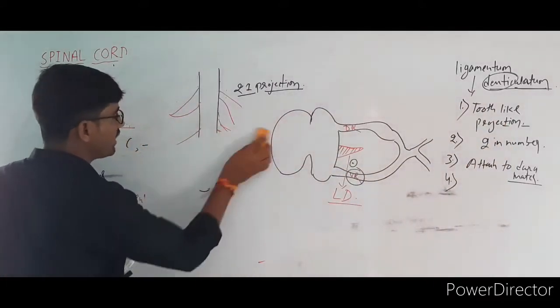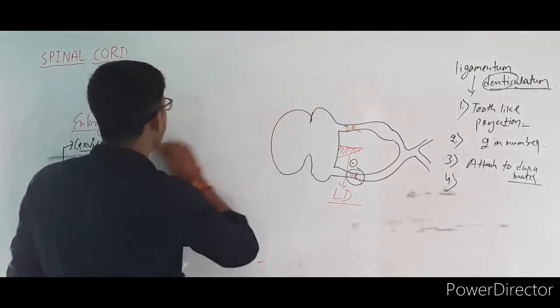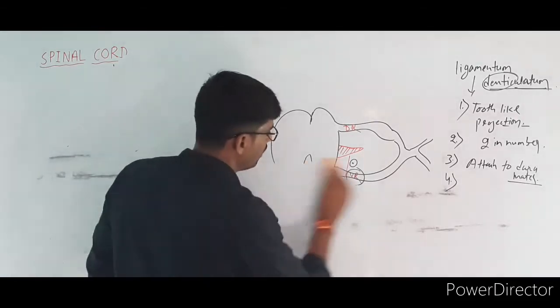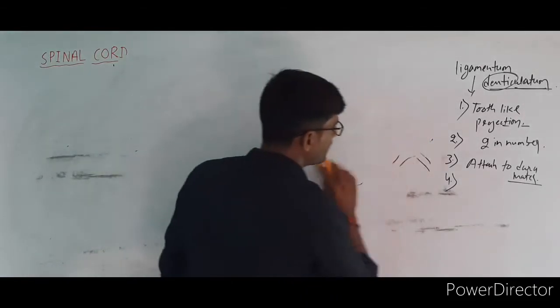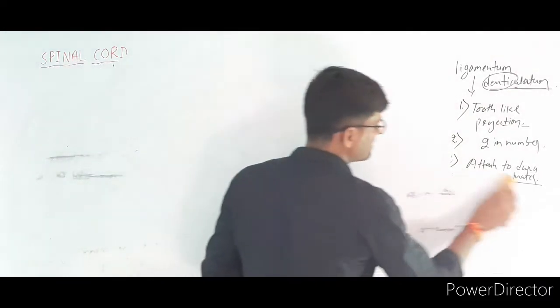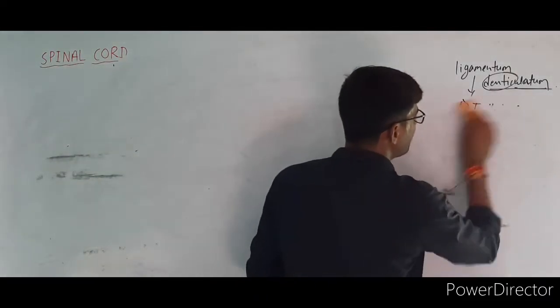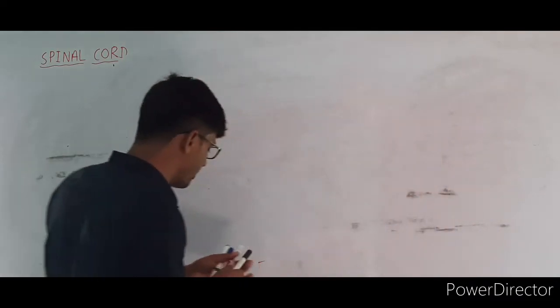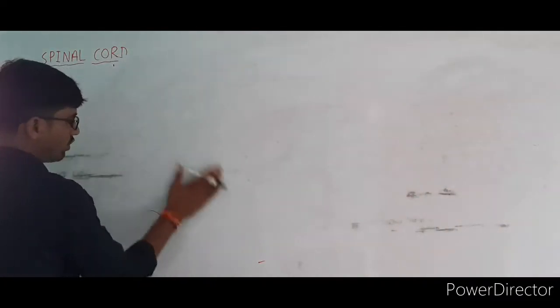Now I want to tell you about the white matter and the gray matter of the spinal cord. So let me draw one diagram. There are nuclei, and they will ask in the exam about the nuclei of the gray matter. There are a number of nuclei, but it's very easy. So let me draw one diagram.